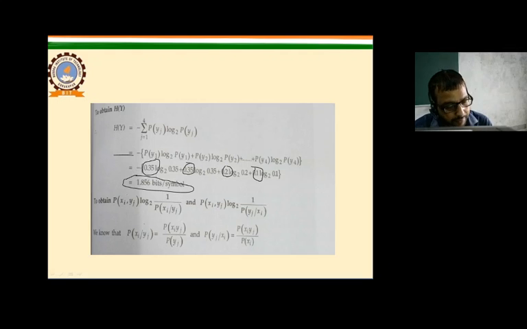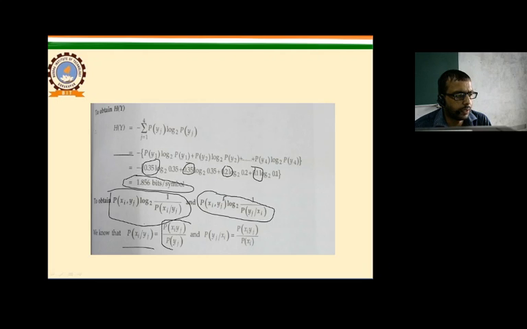Now again, we have to calculate the conditional entropy. First of all, we have to calculate the conditional probability. Like this is the formula, and this is the formula, this one and this one. Now for the conditional probability p(x|y), we use the joint probability formula divided by the individual probability.